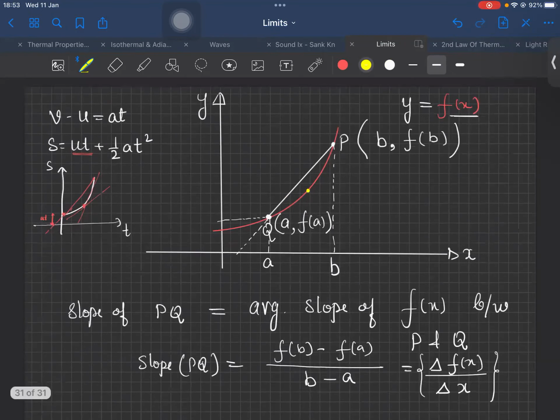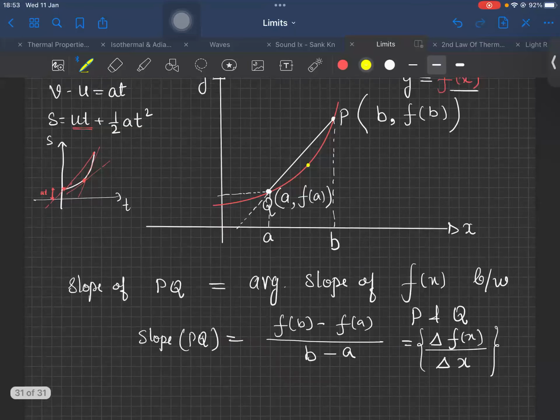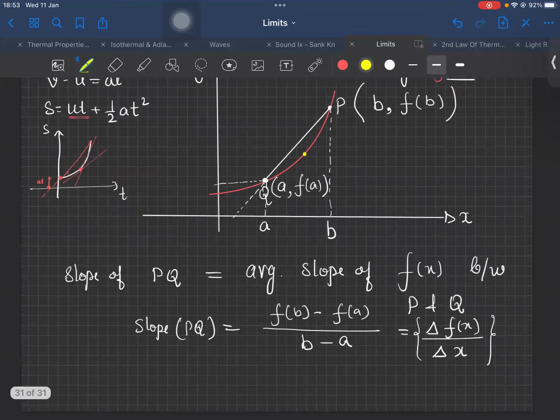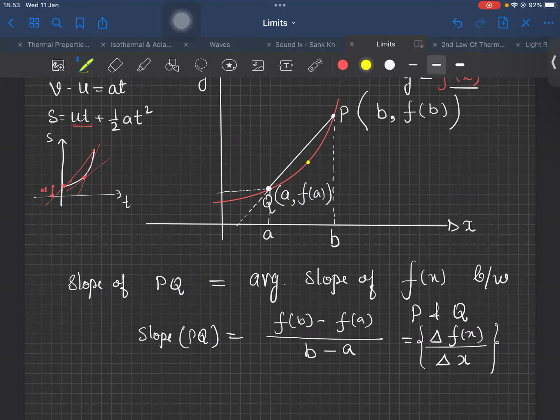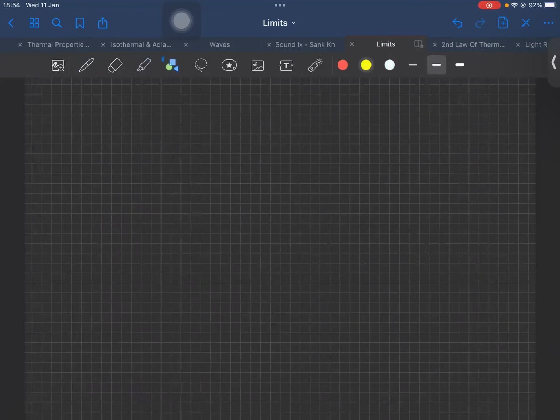Now suppose you want to find the slope at one particular point, how do we do that? P and Q will start coming closer to each other, right? So P and Q will start coming closer, yes or no? Tell me if I am wrong. So let's draw another curve to understand it.